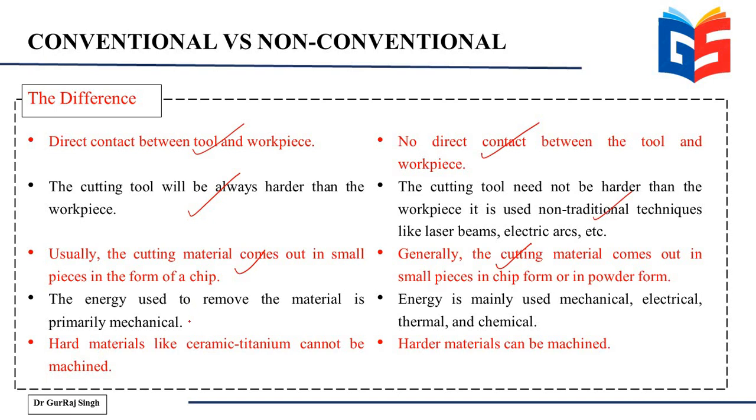Then the energy used to remove the material is primarily mechanical. So we only use mechanical energy in traditional methods, but in non-traditional methods, we can use mechanical, electrical, thermal, or even chemical energy. Hard materials like ceramic and titanium cannot be machined using traditional machining methods. But in non-traditional methods, you can machine much harder materials.